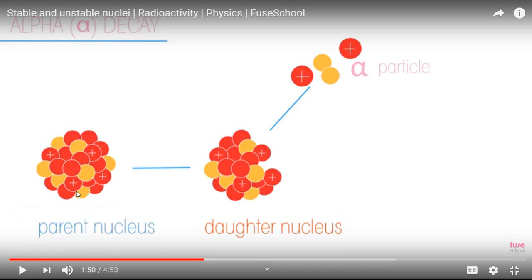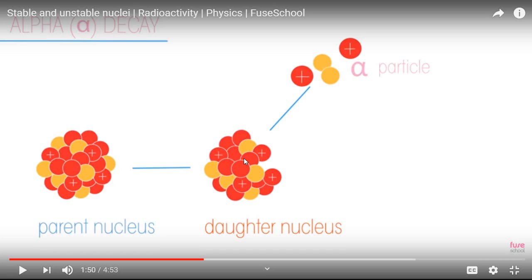Right here, this nucleus has not undergone any decay yet. So that makes him the parent. Once it undergoes decay, so decay, what's decaying? Yeah, like if you have a dead animal or a dead plant or something like that, and we say that it's decaying, it's breaking down, it's breaking into pieces, right?